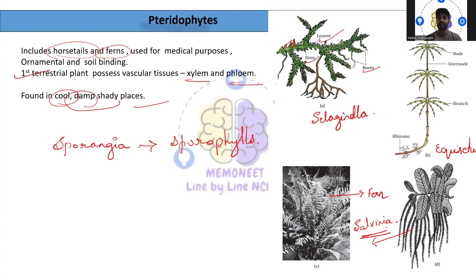Then about the sporangia and its life cycle: just like bryophytes, they are not independent. They are attached to the parent body, and they produce the sporangia. The sporangia produce the spores, and later on the life cycle is what I have explained. These are very important in the pteridophytes.